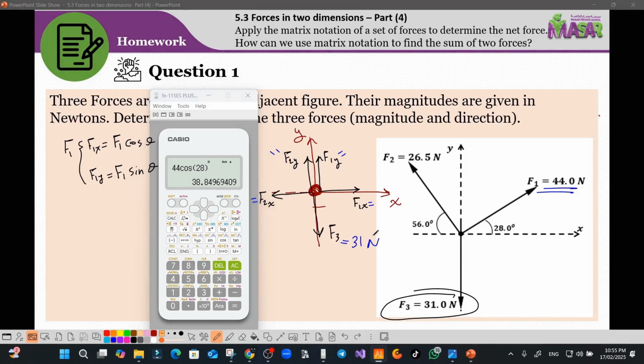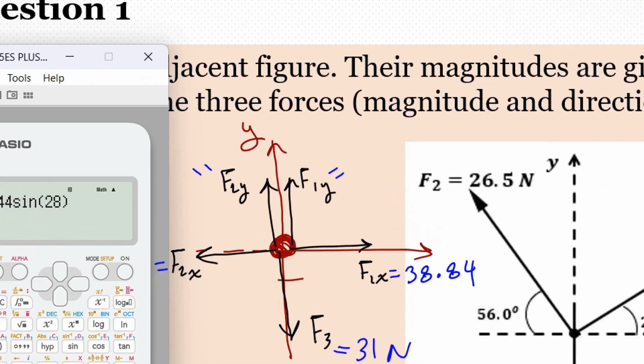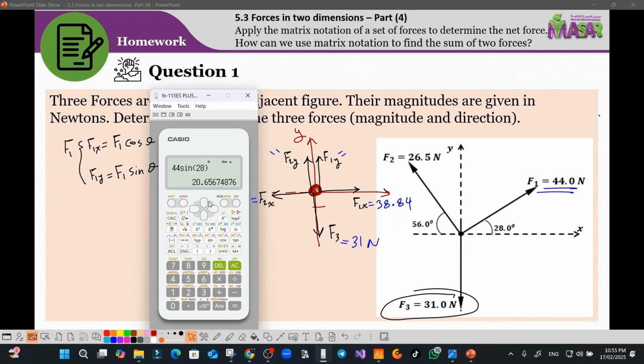So let me write it on the sketch itself. Now, what about F1y? We just convert the cosine into sine. So the same values, but instead of cosine, we're going to use the sine because we are looking for the F1y. And the answer is 20.65.